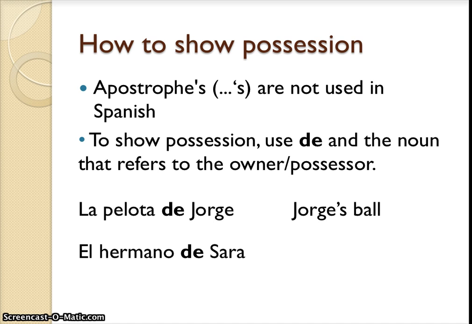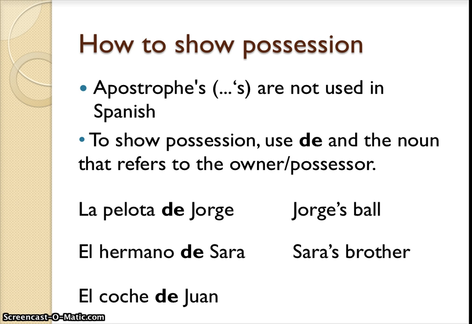El hermano de Sara. Sarah's brother. The brother of Sarah. Y el coche de Juan. Juan's car. The car of Juan. It's not too difficult, you just have to kind of think backwards.